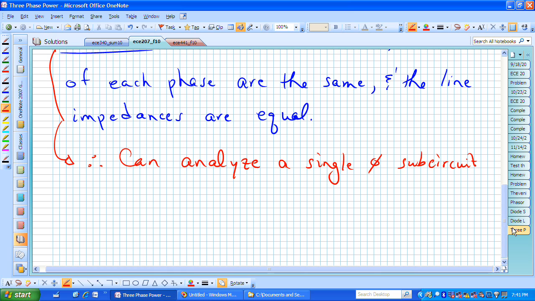So we can analyze a single phase subcircuit and relate that analysis to all the other phases.